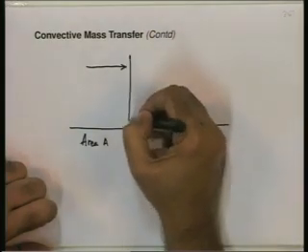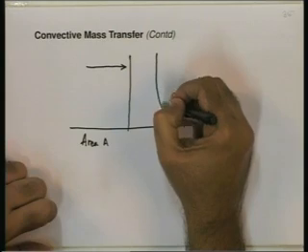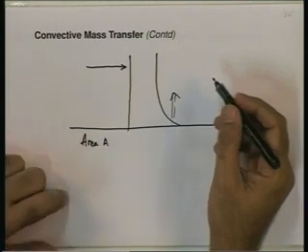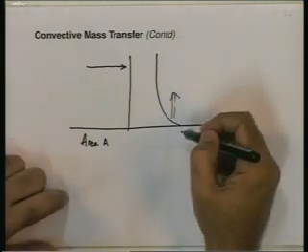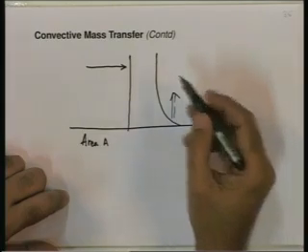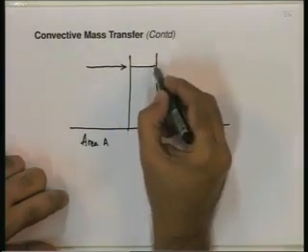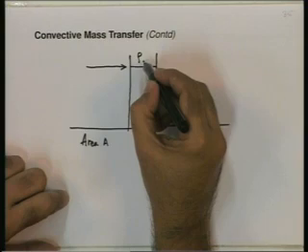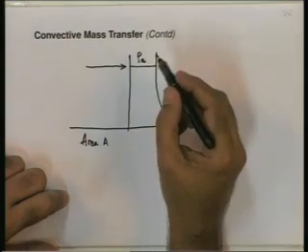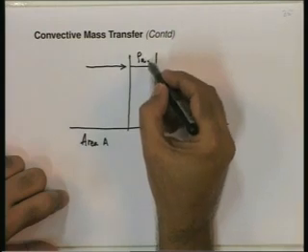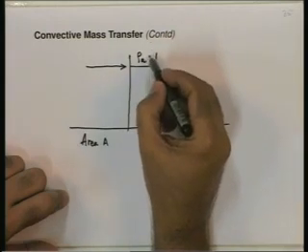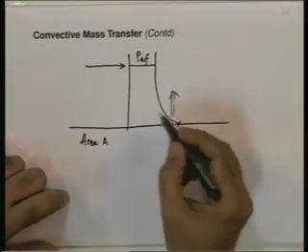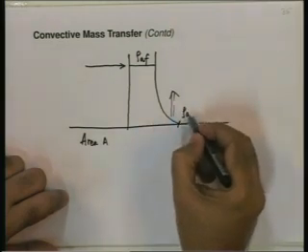It is getting transported because if we plot the density difference for the fraction or component A, we will find that far away from the wall, the density of component A per kg of A per unit volume will be, say, rho AF, whereas at the wall it will be rho A wall.